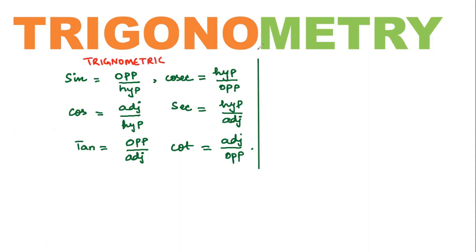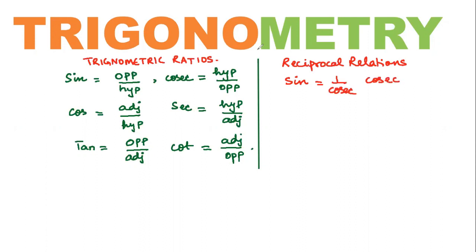Now, if we see the reciprocal relations of the trigonometrical ratios, for sine, sine is equal to 1 by cosec. Cosec is equal to 1 by sine.